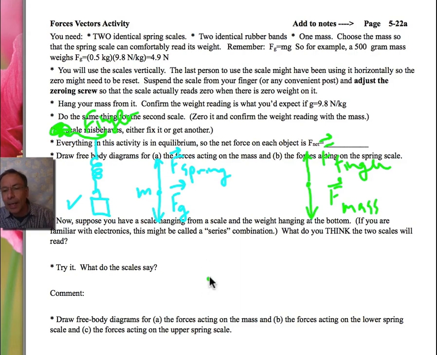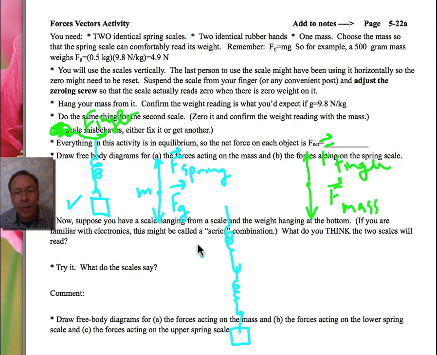Now, what if we had a slightly more complicated case. We had a spring scale, and then hooked onto it is another spring scale, and then hooked onto that is the mass. So the first question is, what do you think the two scales will be reading? Let's go back to the first one.